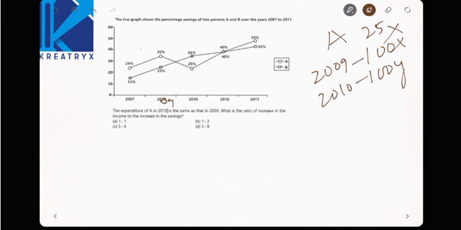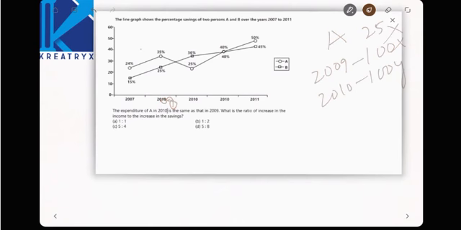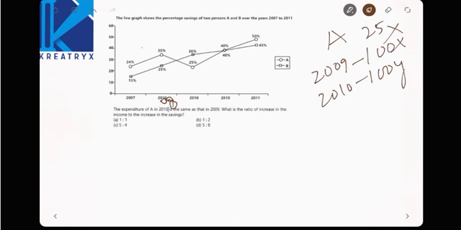Now, so this is 2008. I am really sorry. This is 2009. Okay, this is 2009 as typo error. 25x, right? Now, savings in 2010 will be 40y. Yes, 40y. Now see here, expenditure of A in 2010 is 60y. Am I right? Yes.